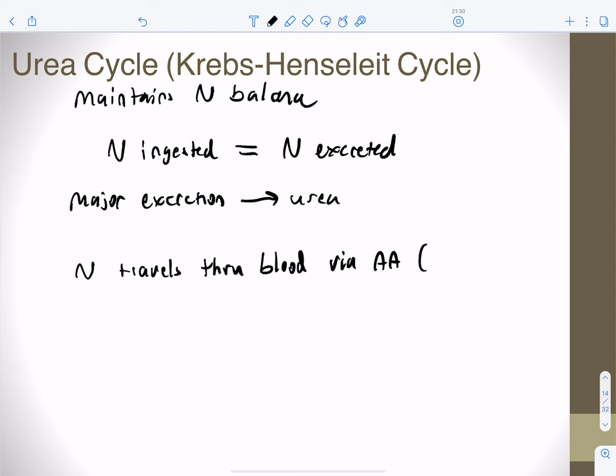So remember, whenever there's nitrogen around, your body has to deal with that nitrogen. And so this obligate activator makes sure that if there's nitrogen around, this urea cycle moves forward. So that's why it's an obligate activator.